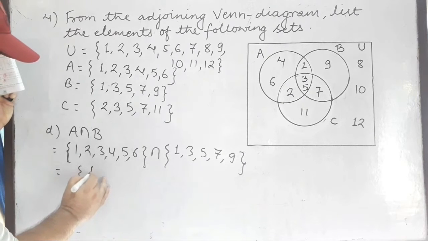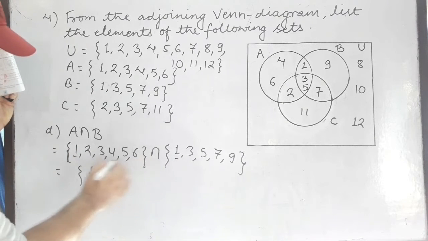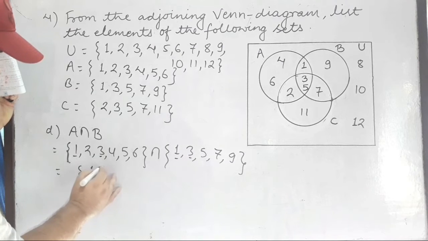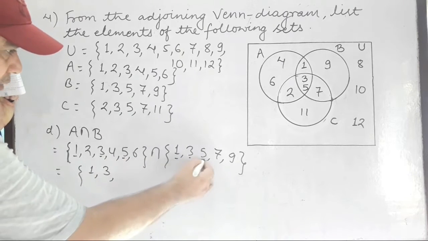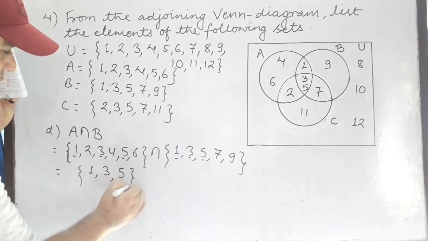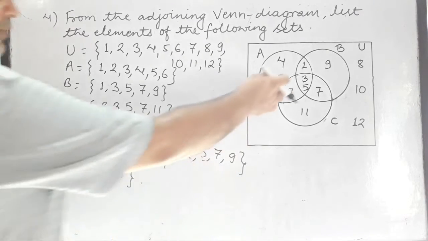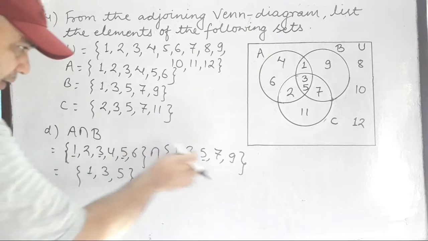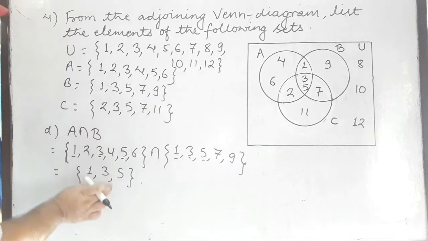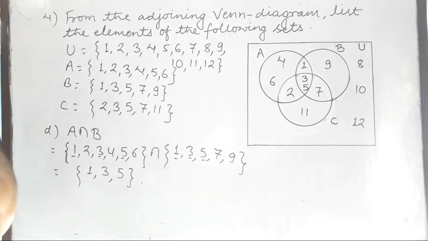The common elements are 1, 3, and 5. If you can directly write down by seeing the figure, then there is no need of writing these elements. But if you get confused, then you can write the elements like this.